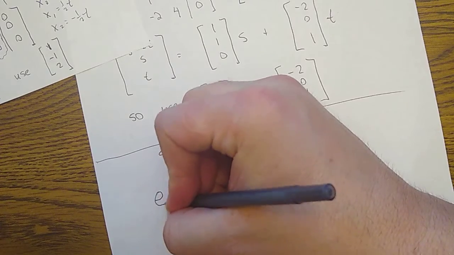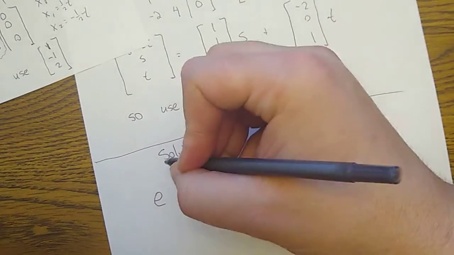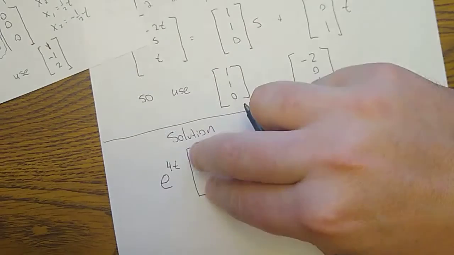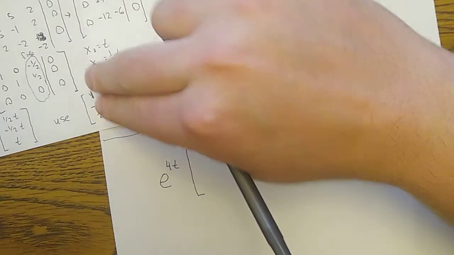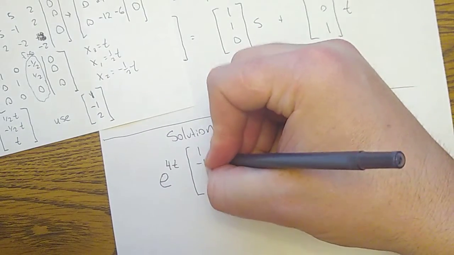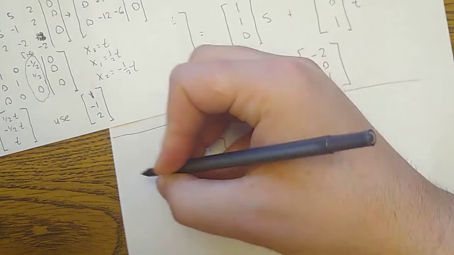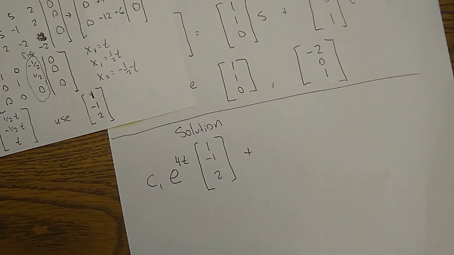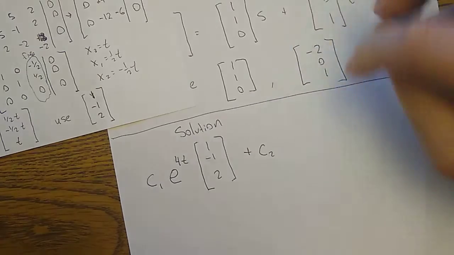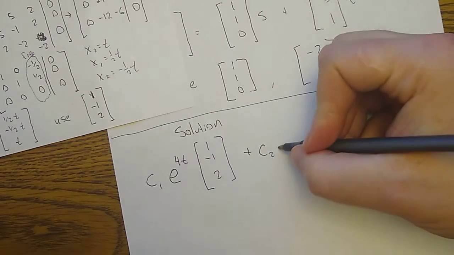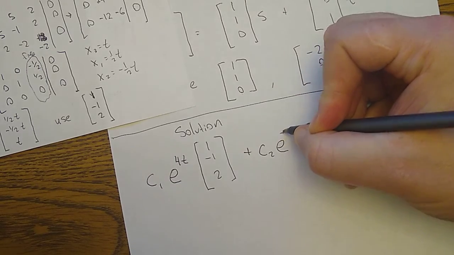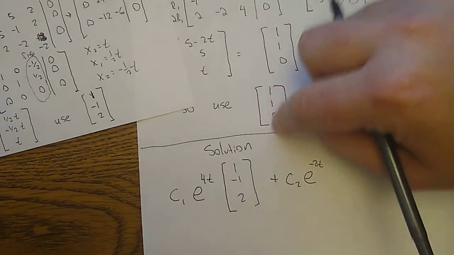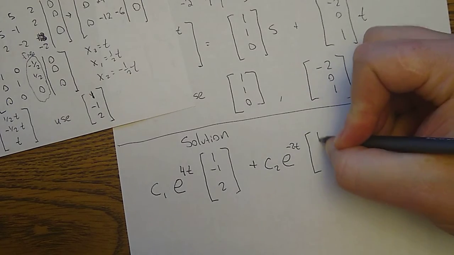Basically, it's e to the eigenvalue times t. So let's do the eigenvalue 4, times the corresponding eigenvector. The eigenvector for 4 was this one, times some constant C1, plus C2 times the next e to the next eigenvalue, so e to the negative 2t, and I'll pick one of those eigenvectors.